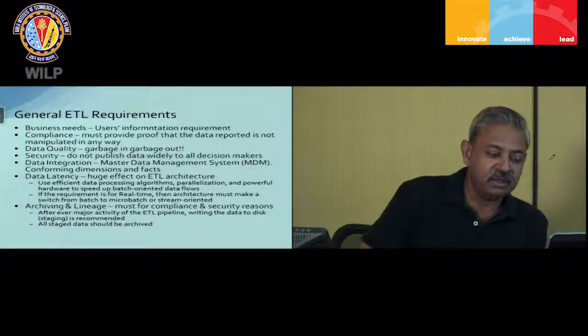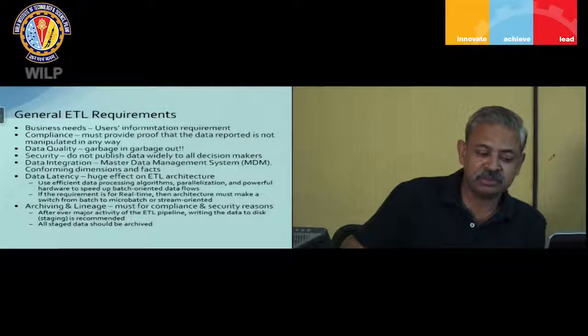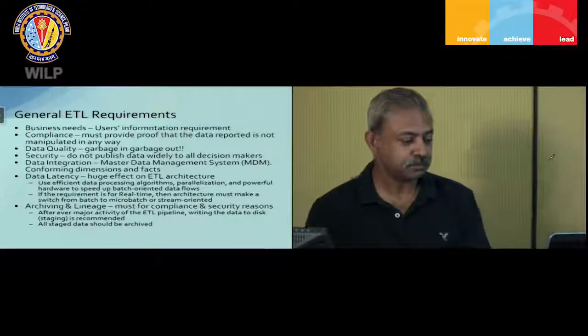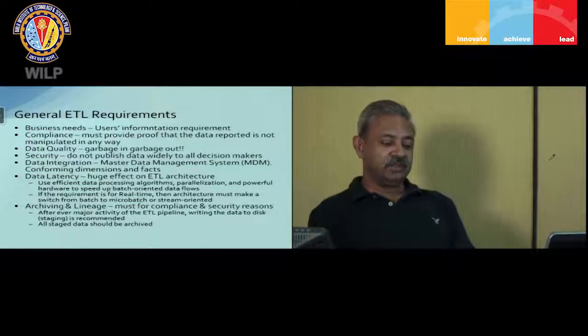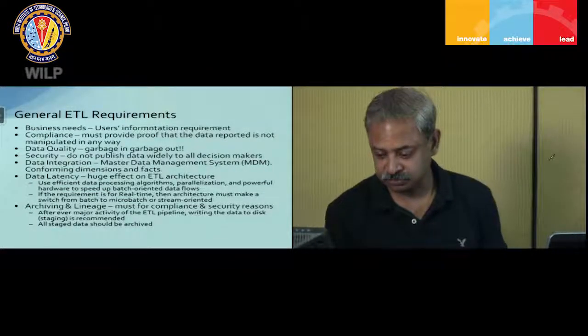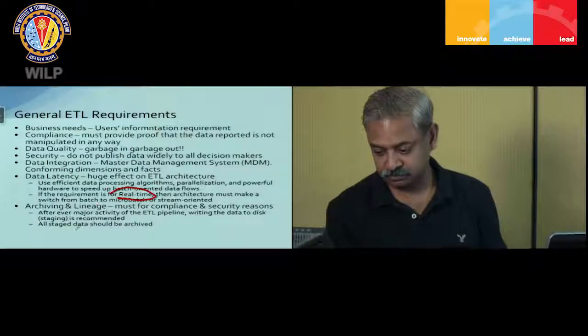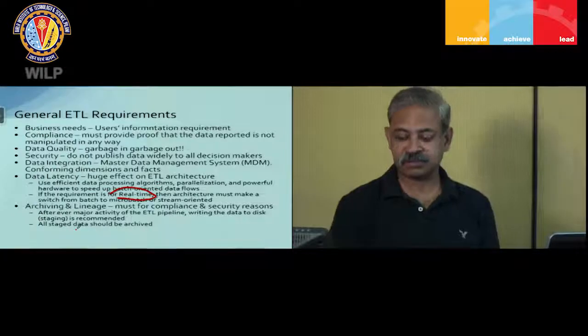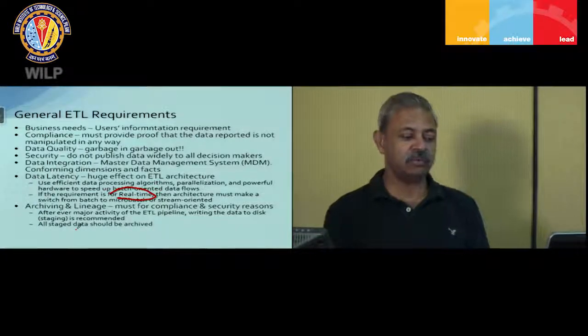So for this, we need to use efficient data processing algorithms. We must use parallelization wherever possible, and very powerful hardware to speed up batch-oriented data flows. And if the requirement is for real time, then the architecture must make a switch from batch to micro batch or stream oriented.